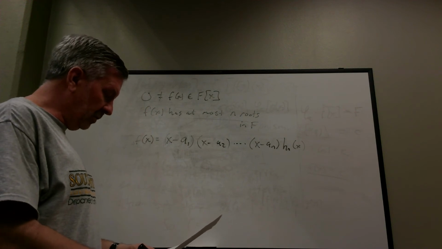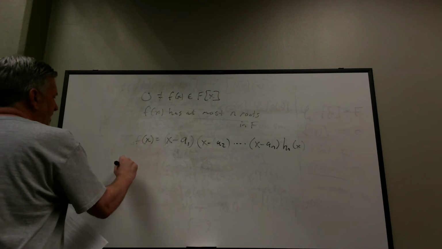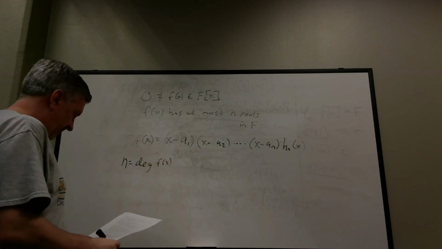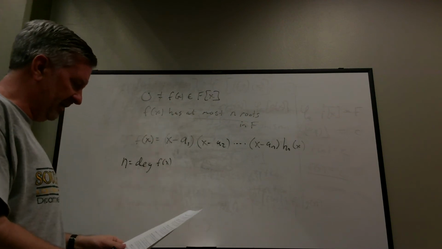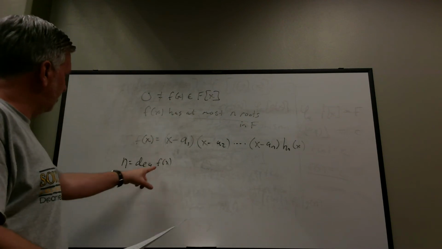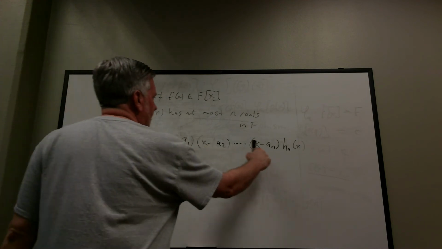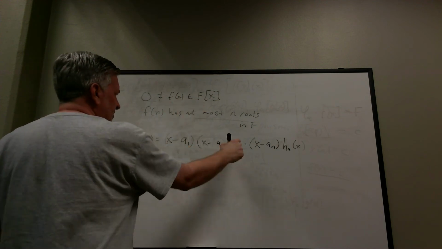Okay, so let's argue. We know that n is the degree of f. Originally f(x) has degree n; that's stated in the hypothesis here. Remember we had a theorem that said if you had a product of polynomials in F[x], where F is a field, the degree is equal to the sum of these degrees.